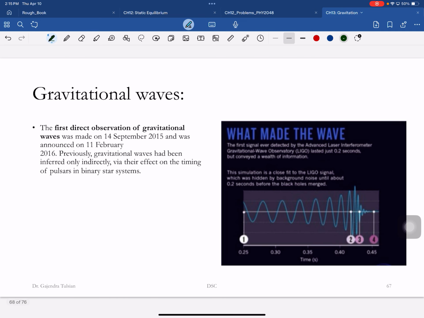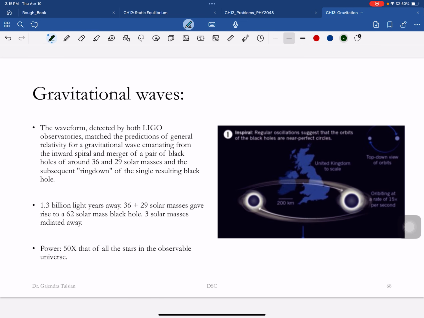All right, so here's two black holes going around each other, and they're emitting gravitational waves. As they emit gravitational waves, energy is being carried away, and so they're getting closer and closer. Eventually they'll merge, and then they won't emit any more gravitational waves.